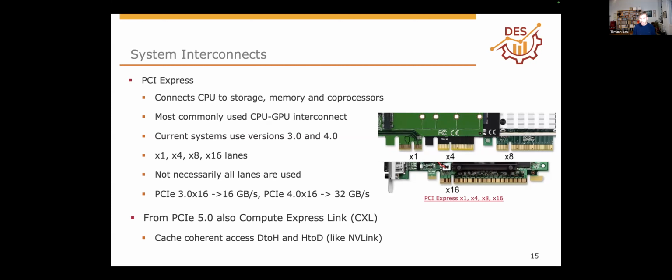For a long time, most systems had PCI Express 3.0, which gives you something like 16 gigabytes per second. And there we're at a speed which is much lower than the throughput that the CPU can get. The CPU has hundreds of gigabytes per second, and now we're at 16 gigabytes per second through PCI Express.